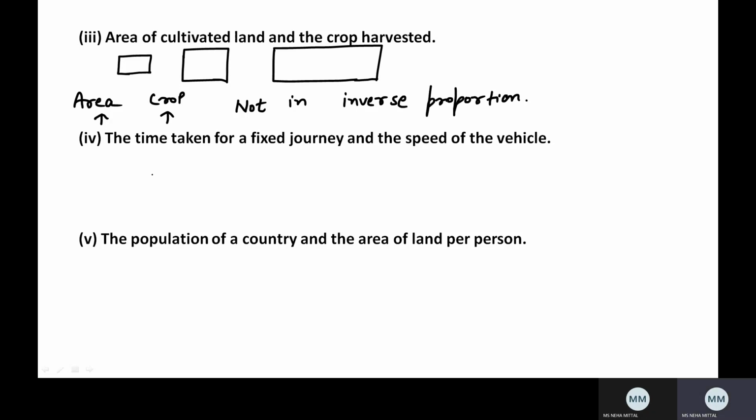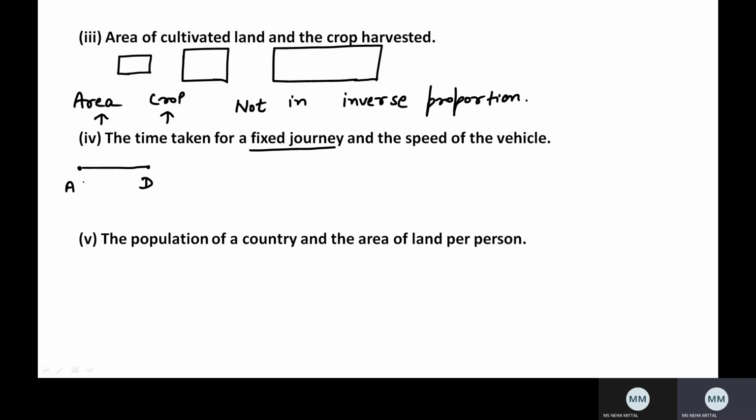In the fourth case, the time taken for a fixed journey and the speed of the vehicle. They are saying fixed journey. Suppose you are traveling from Ambala to Delhi. The journey is fixed, the time taken and the speed.